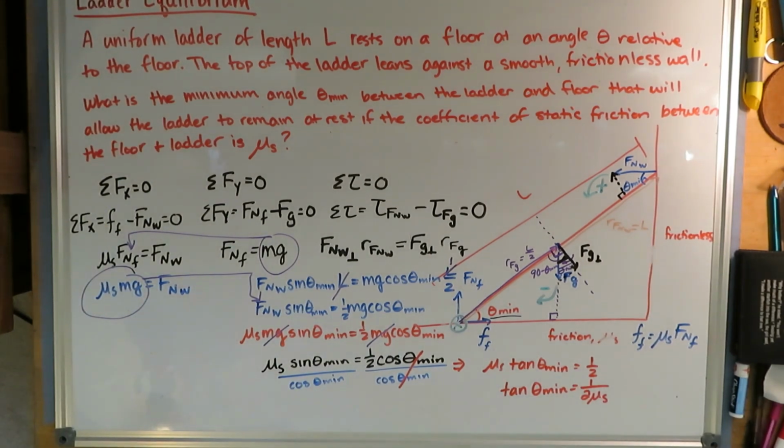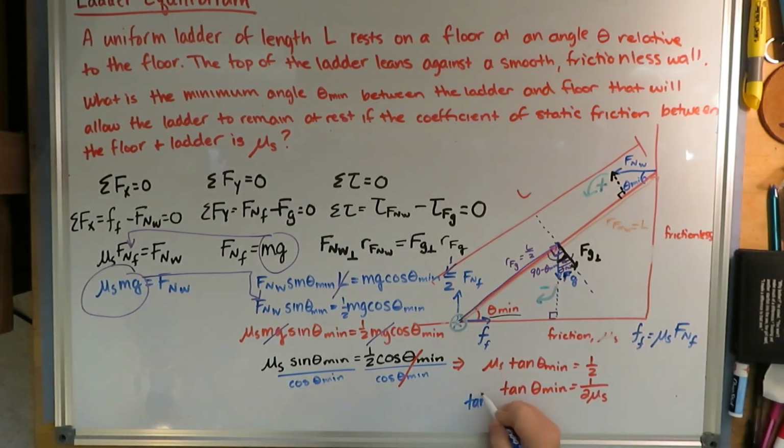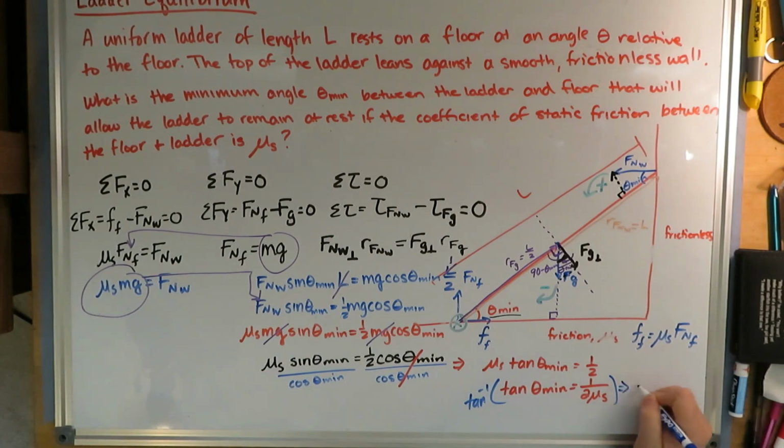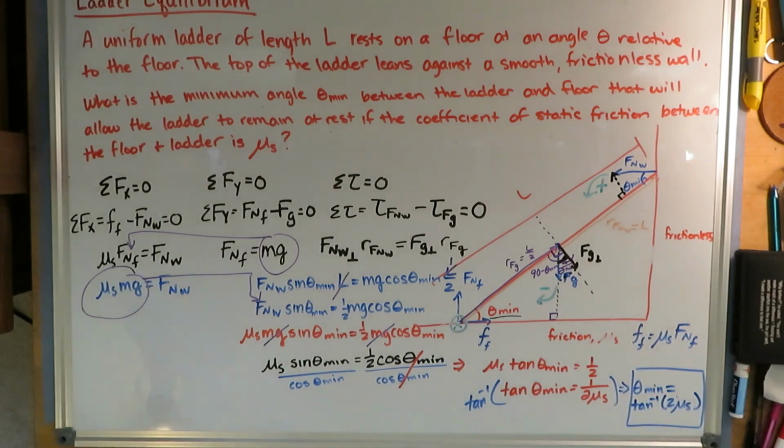And then I could take the arctan of both sides, and that will tell me that theta min is equal to tan to the minus 1 of 1/(2 mu s). So if I knew the coefficient of friction, I could figure out what angle I would need to have in order to keep this ladder stable.